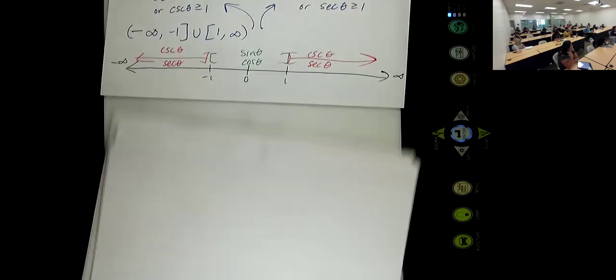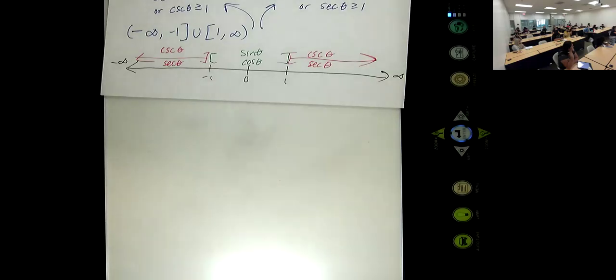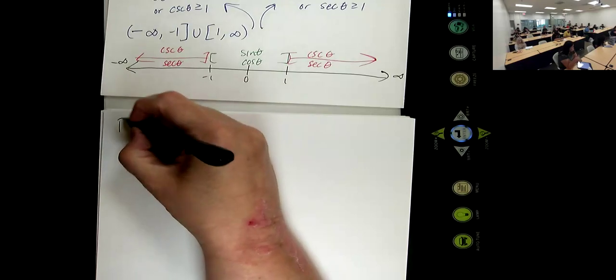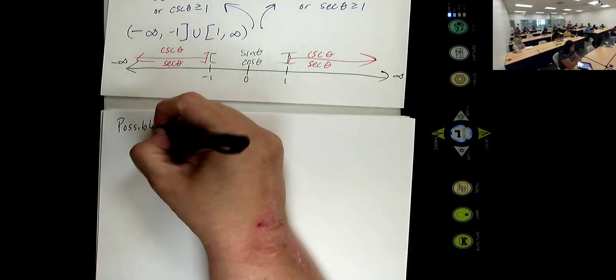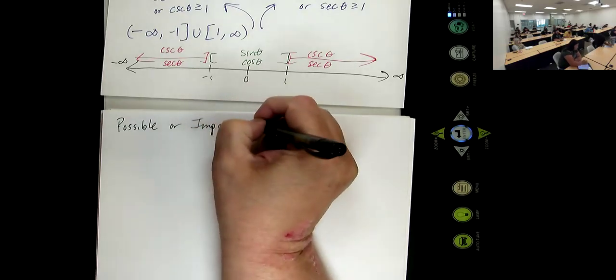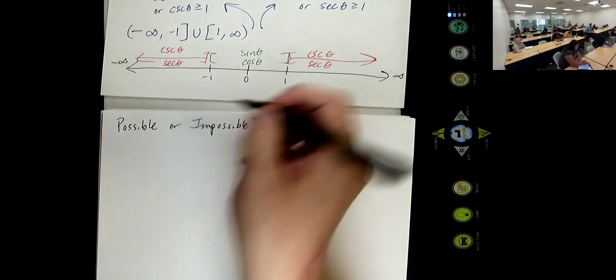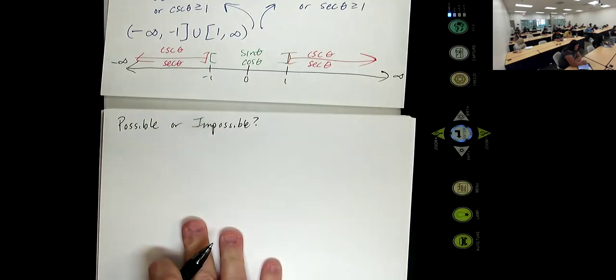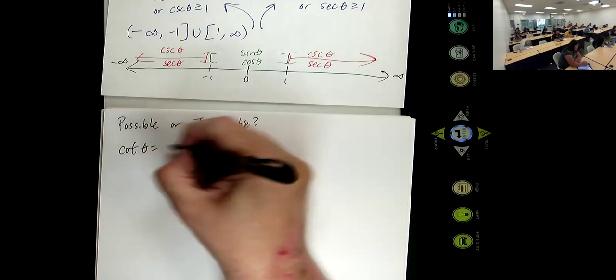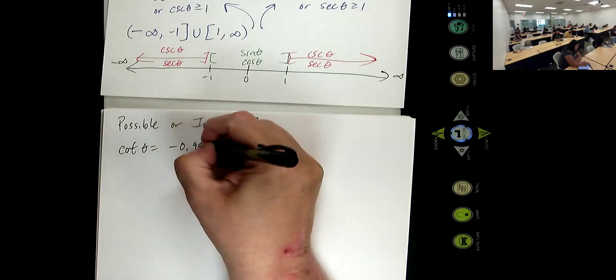So you might see some questions like this. Are these possible or impossible? Can cotangent theta equal -0.9999999?